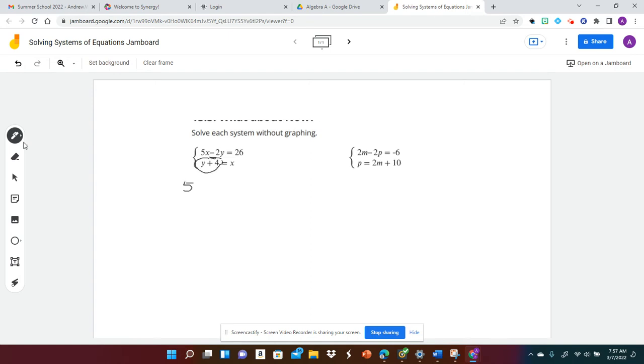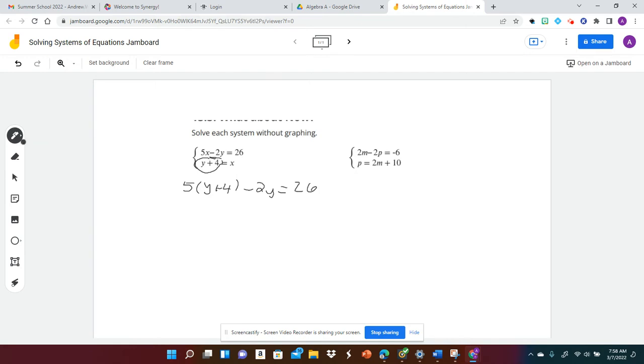So I put 5 and then parentheses y plus 4, close the parentheses, and then over here put minus 2y and set that equal to 26.